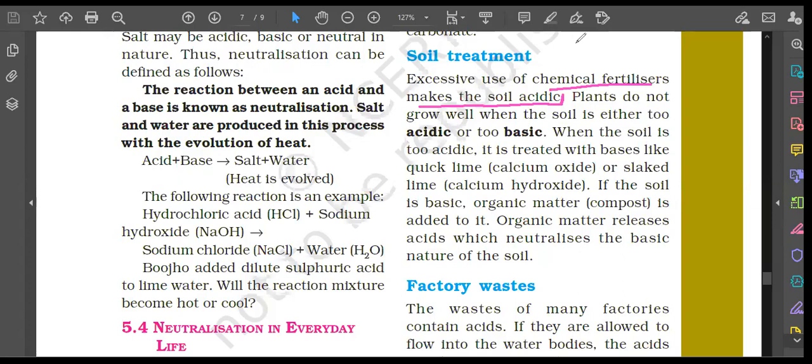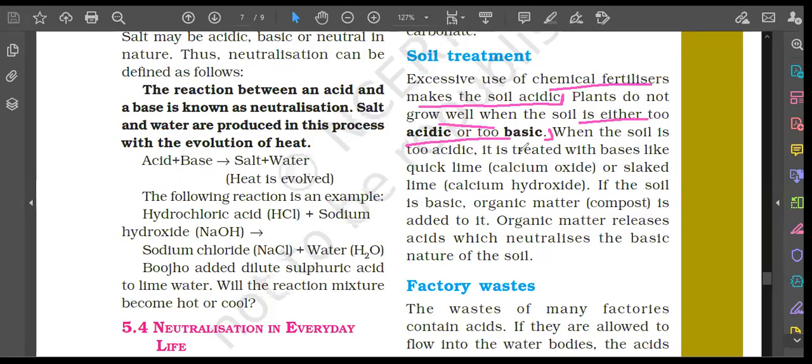So plants do not grow well when either acid is more or base is more. So obviously we need to neutralize excess acid or base.